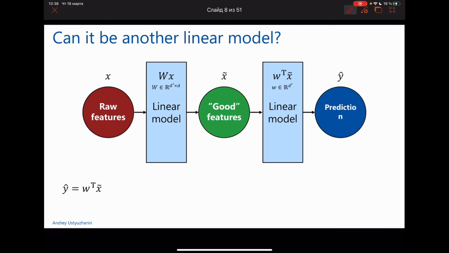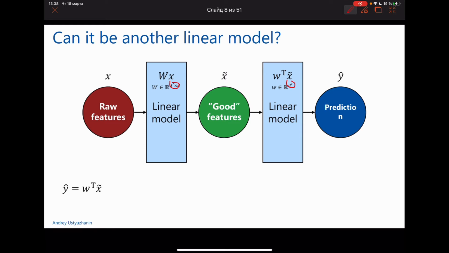So what would it be if we use another linear model to design good features? Like on this picture, we have a dimension d prime here that maps the input features into some space d prime that in turn produces some prediction that we expect.